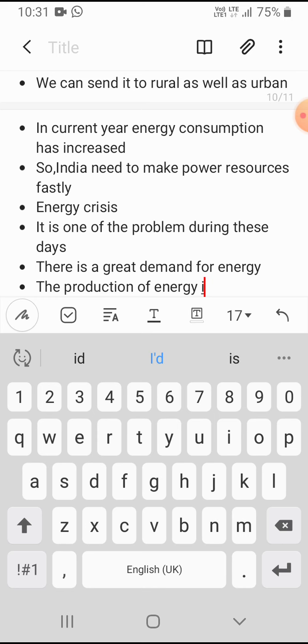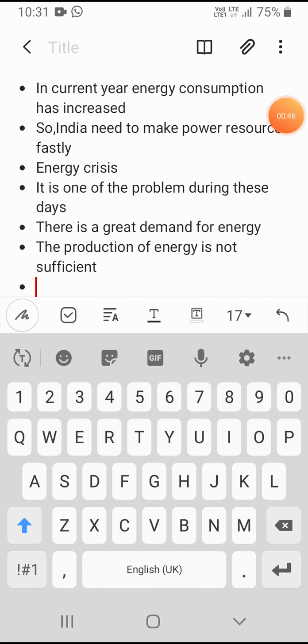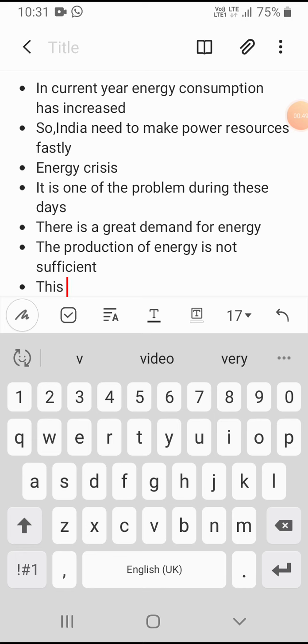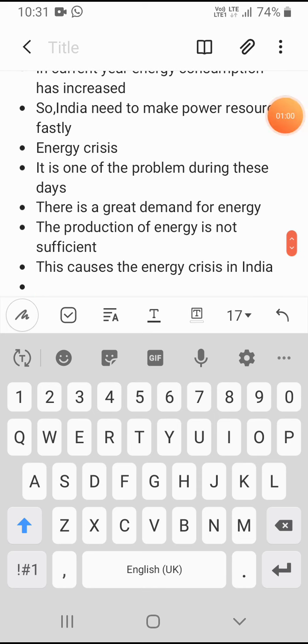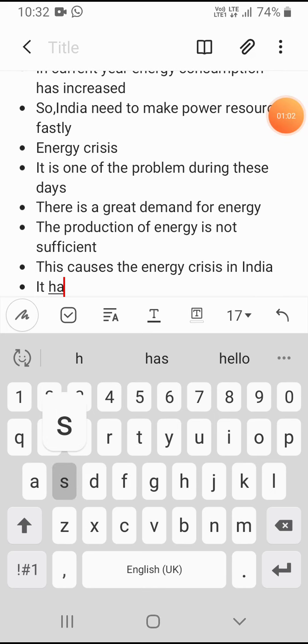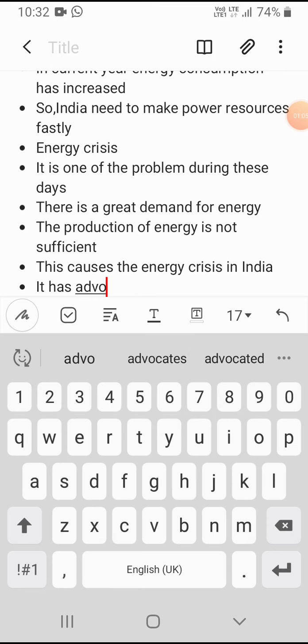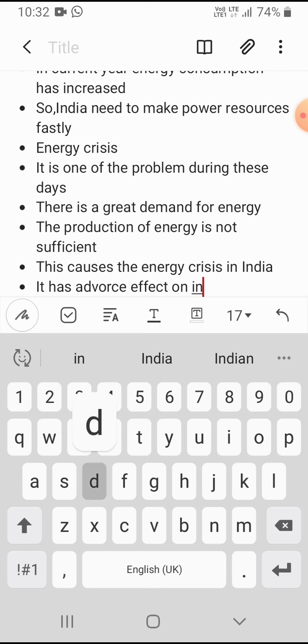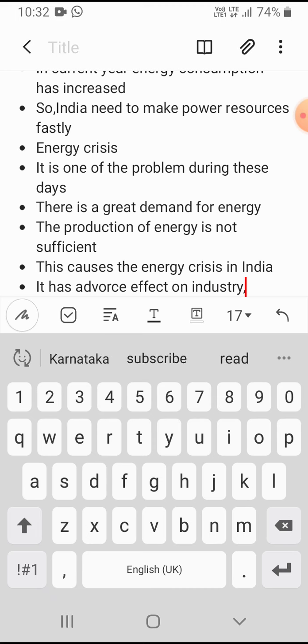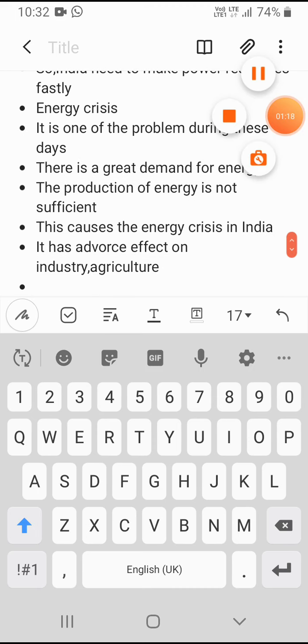Production is less, and this causes the energy crisis in India. It has an adverse effect on industry, agriculture, and many other fields.